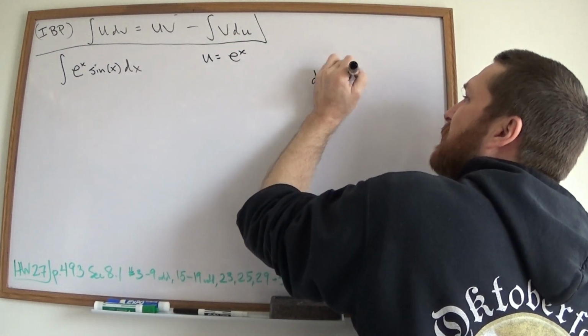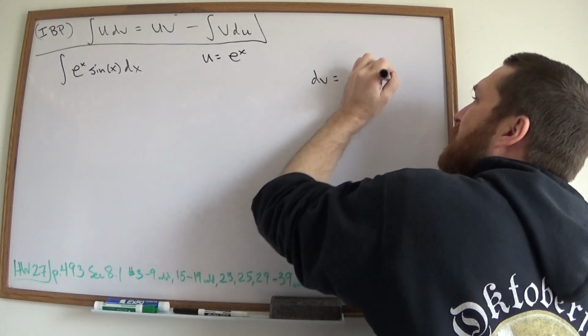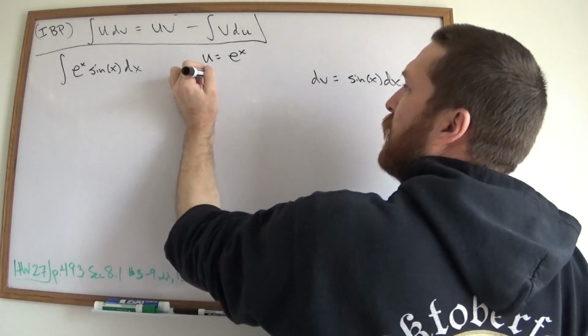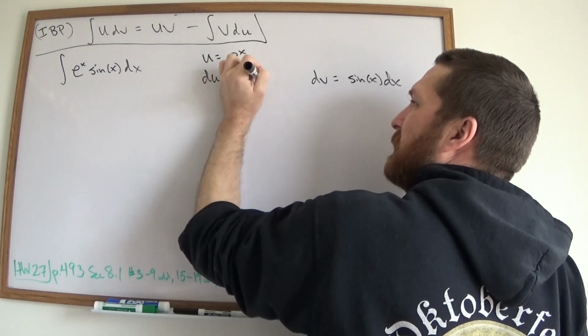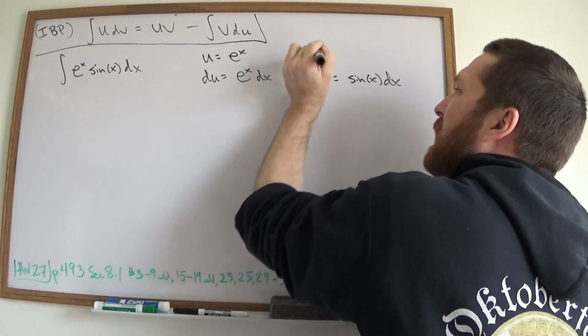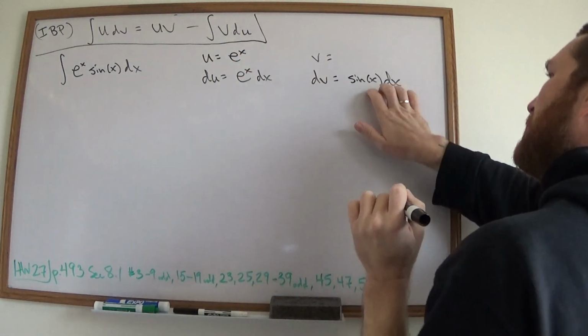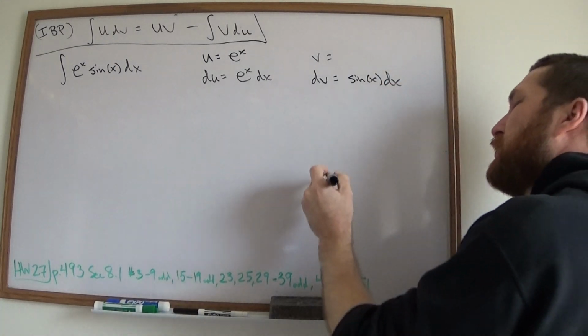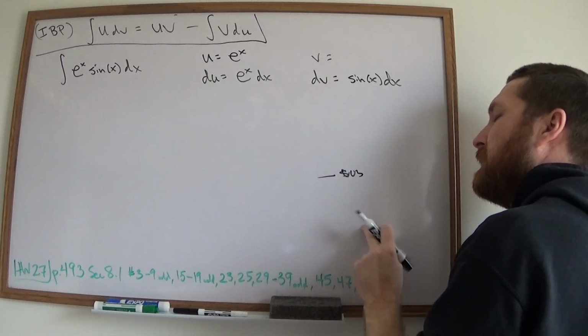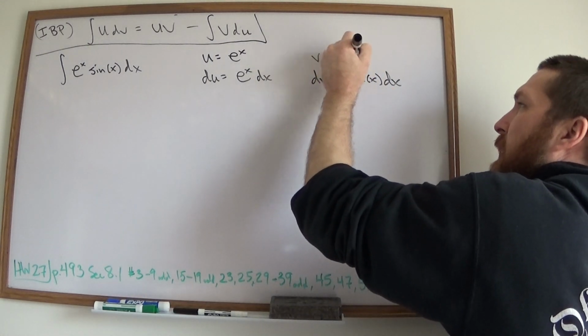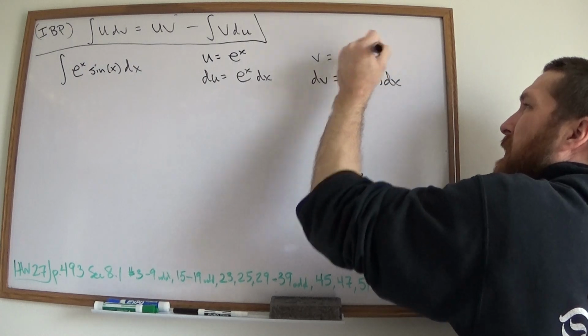The dv is going to be my sine x dx. So my du is going to be the derivative of this, which is going to be e to the x dx. My v is going to be the antiderivative of this, which should be, I think, minus cosine, right? Negative cosine goes to positive sine. Yes, so minus cosine x.